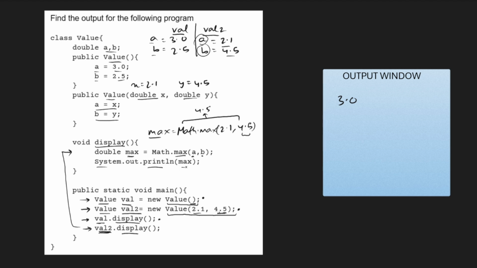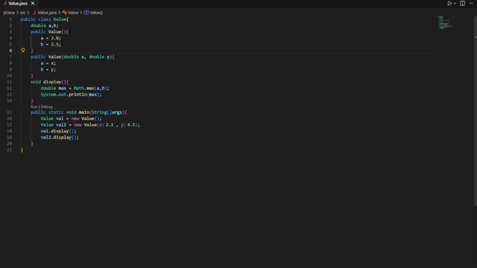After this, when we print the variable max, we're just going to see a 4.5 on our output window. We're going to print 4.5. Since we finished executing the display method, we're going to go back to where the method was called. That's this last statement. And with this, we reach the end of the main method. So 3.0 and 4.5 should be the final output of this program.